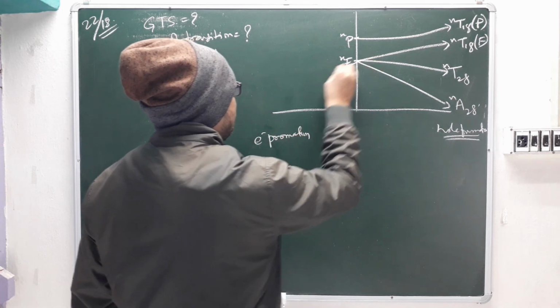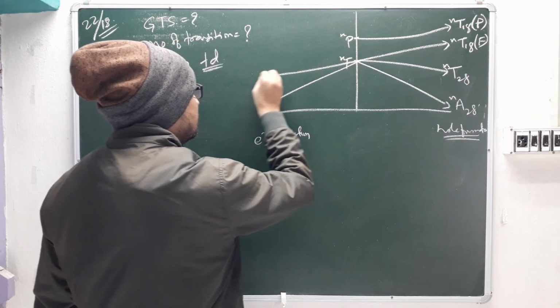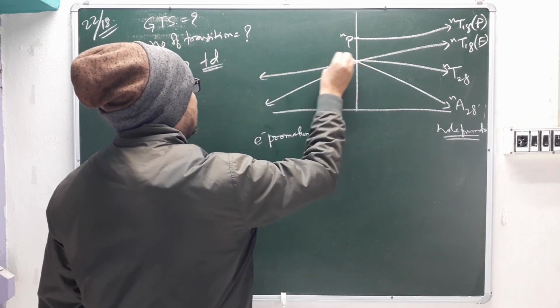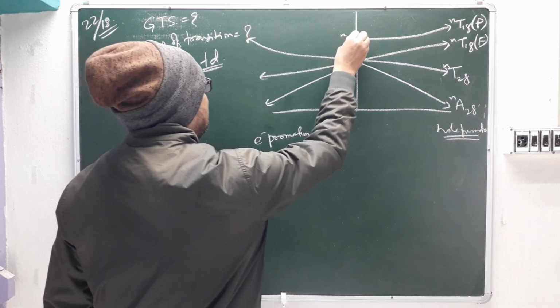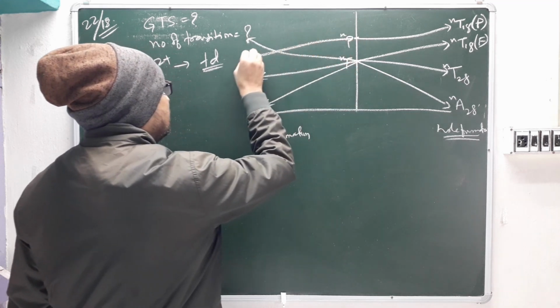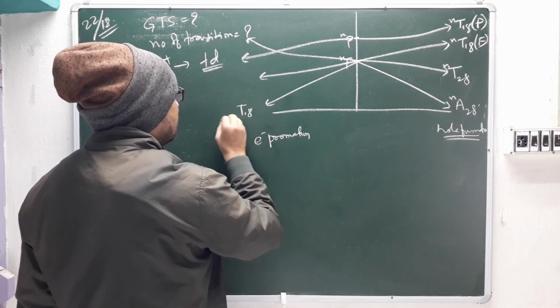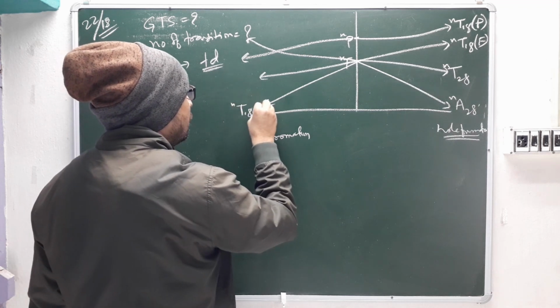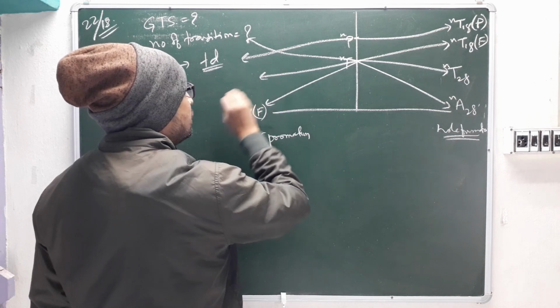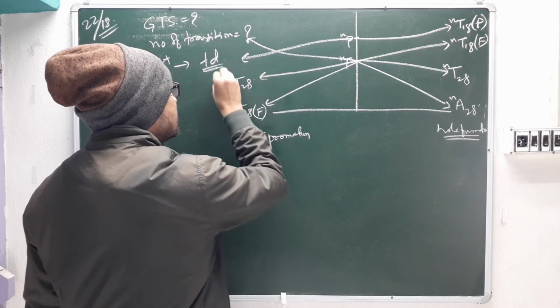And how it will be? So again this will be reverse, and this will go up and this will be like this. So the transition will be T1g and T1g, and this is for F, and this will be your T2g. It won't change.